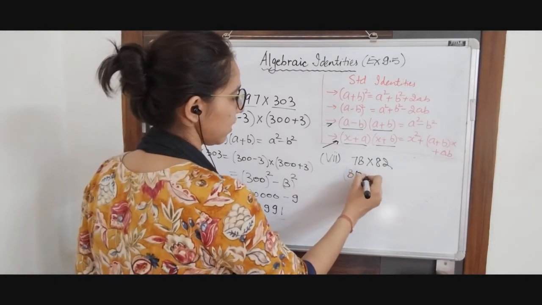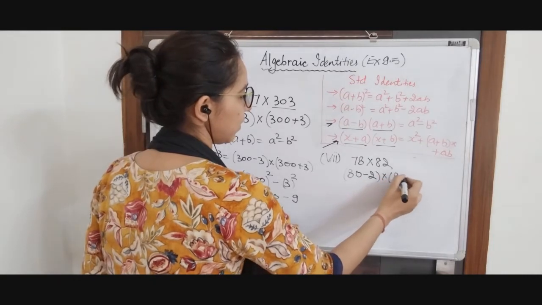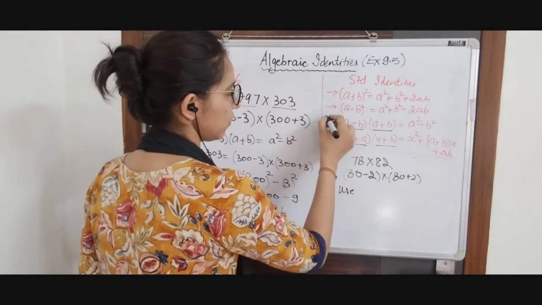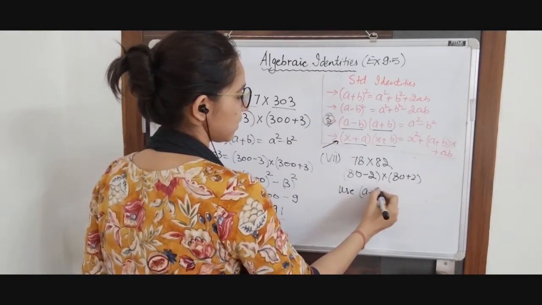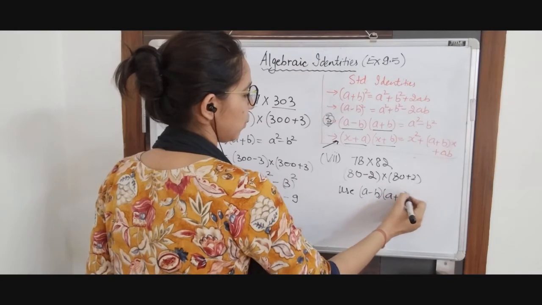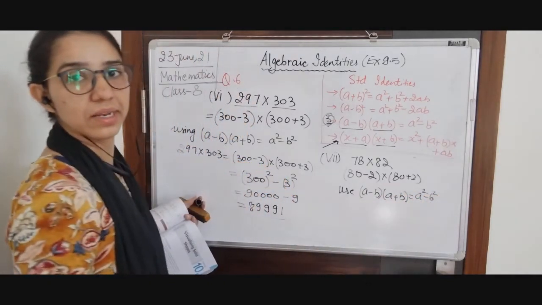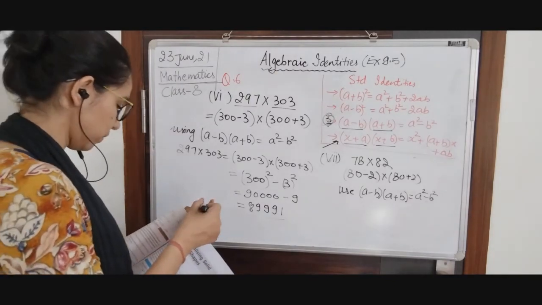We can write this as 80 minus 2 and this as 80 plus 2. It means we are going to use the third identity, (a minus b)(a plus b) equals a square minus b square. This identity we will be using, and you can simplify it on your own.